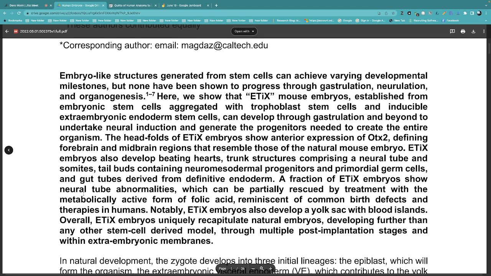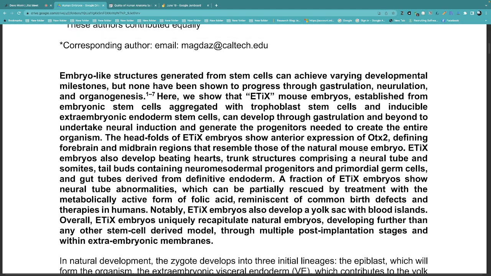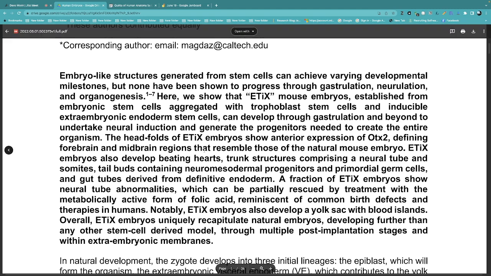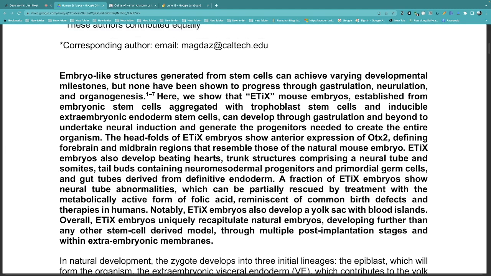So what that means is that you get these ETiX models, you get head folds which show an anterior expression of this gene that we know is a marker for neural development. This defines the forebrain and midbrain regions, so you get this distinct region formation.